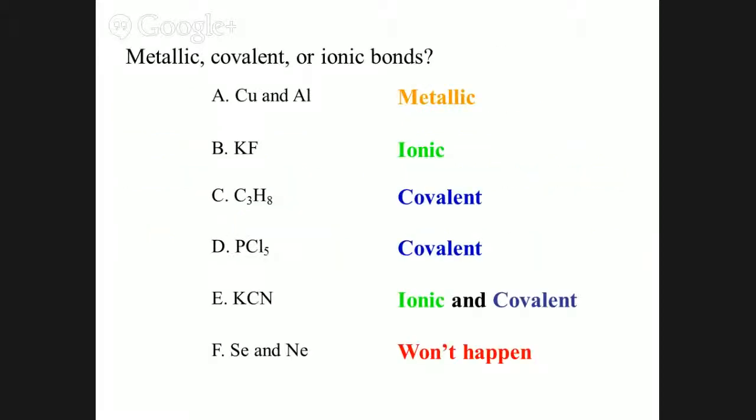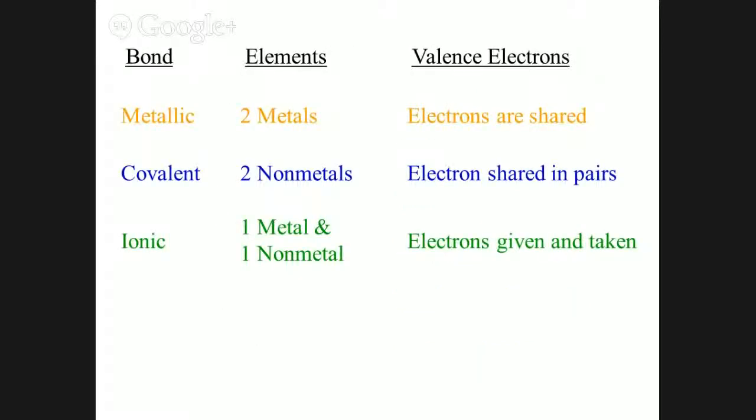In other words, you're actually given a compound or you're given 2 elements, or you might just be told, there are 2 metals. What kind of bond? It'll be metallic. Notice, by the way, we didn't really spend a lot of time on the metallic bonds, and we won't. Most of our energies will be spent on the covalent and ionic, and we're going to start off mostly on the ionic and then end with the covalent.